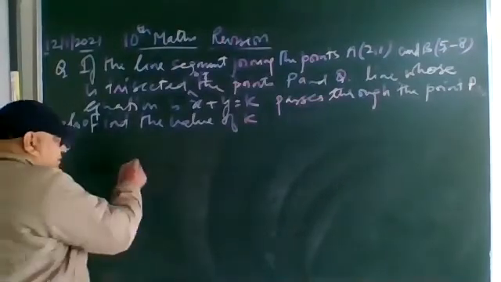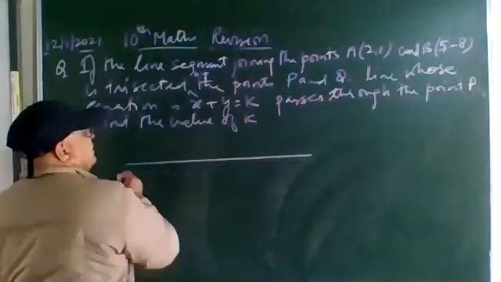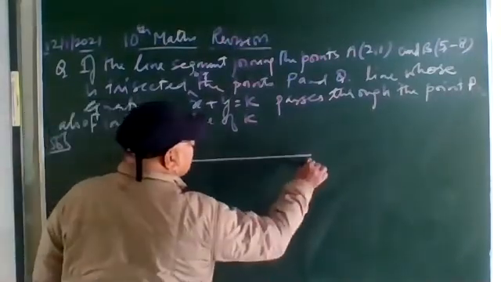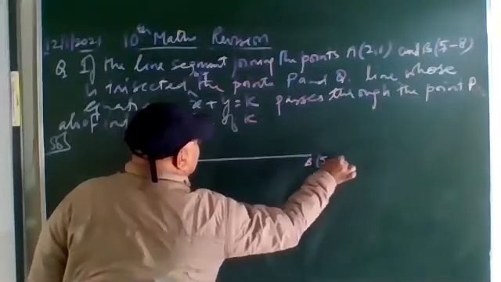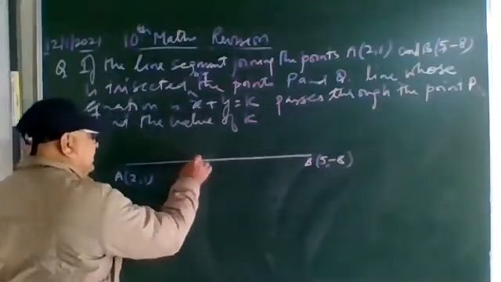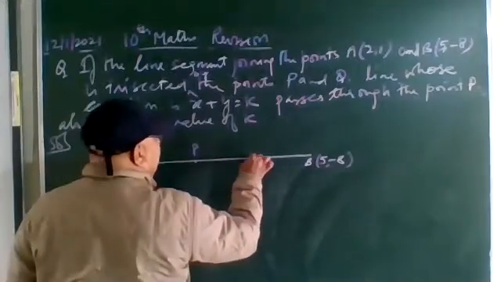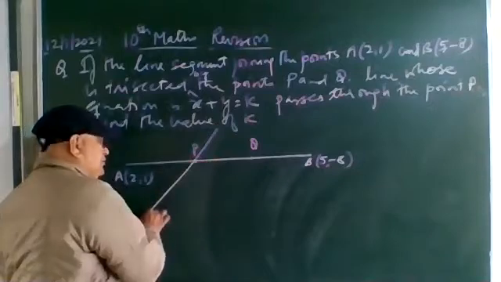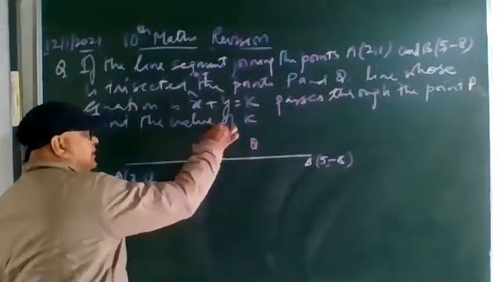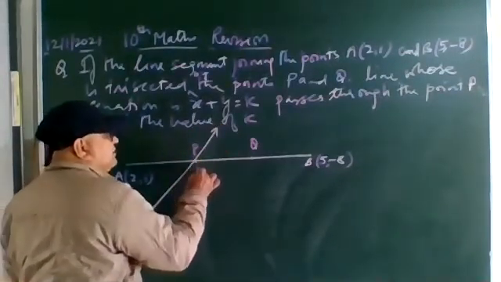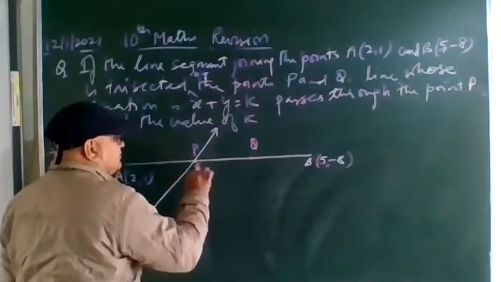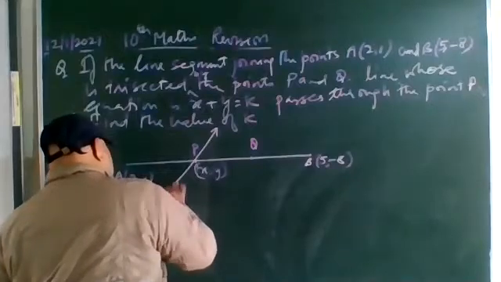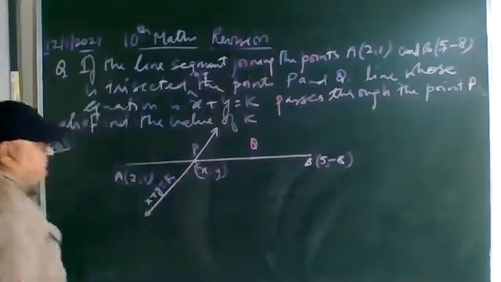Now when you are making the figure, this is the line segment, so A (2, 1) and B you write (5, -8). This is trisected by points P and Q. Now a line is passing through this, and this point is x, y. The equation of the line is x plus y equals k.